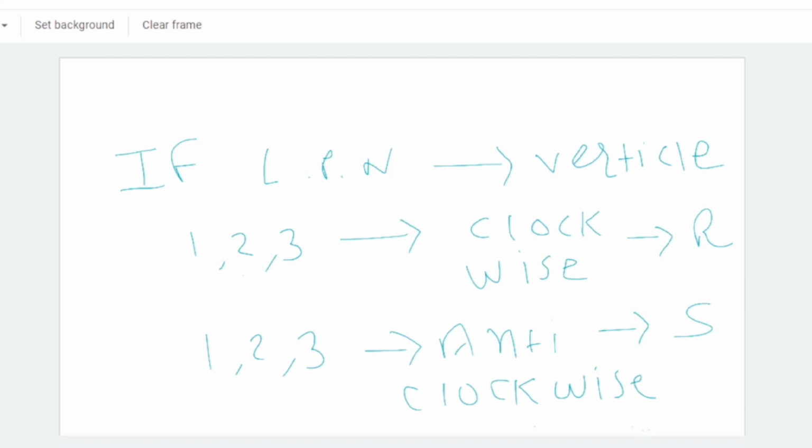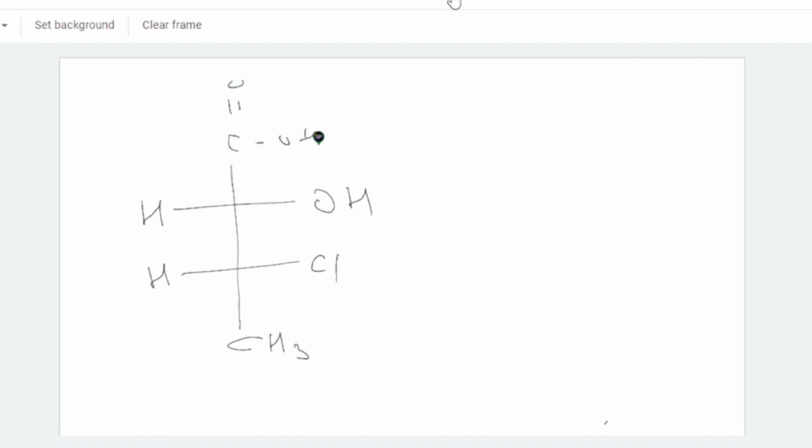I hope you understand this concept. Okay, so first of all, we should go to the structure. Here H, hydroxyl, and then here C double bond O, OH.